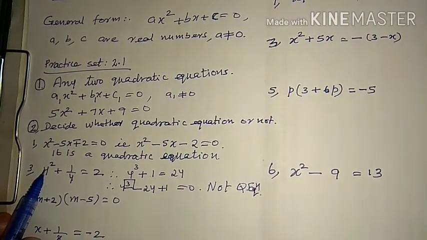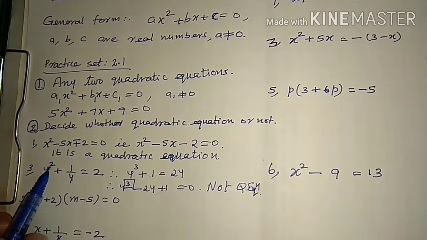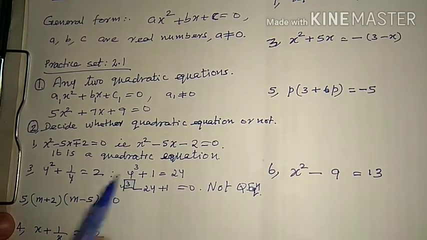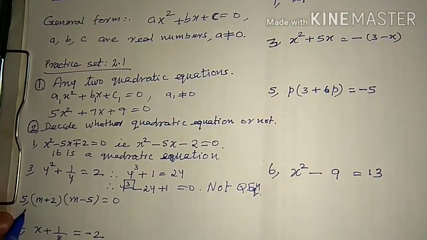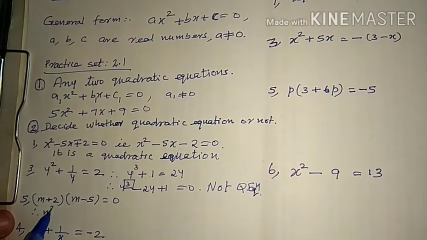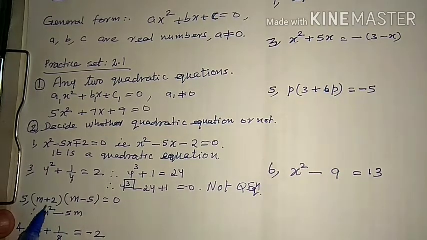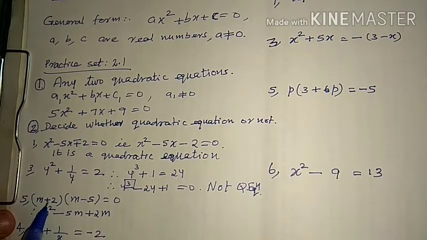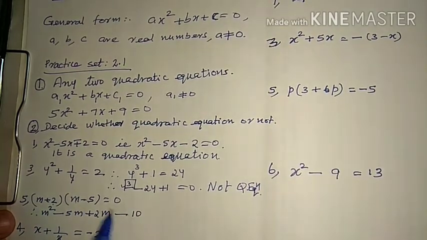It looks like power 2, but actually it is not 2 because denominator y is there, so it becomes y power 3. Power becomes 3, not quadratic. Now question number 5. We expand this. m into m, m square. m into minus 5, minus 5m. Plus 2 into m, plus 2m. Plus into minus, minus 2 5s are 10 equal to 0.